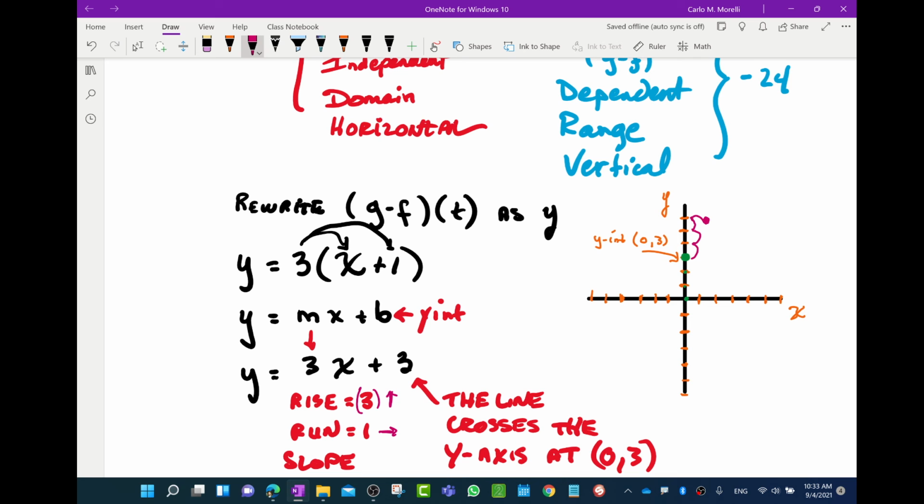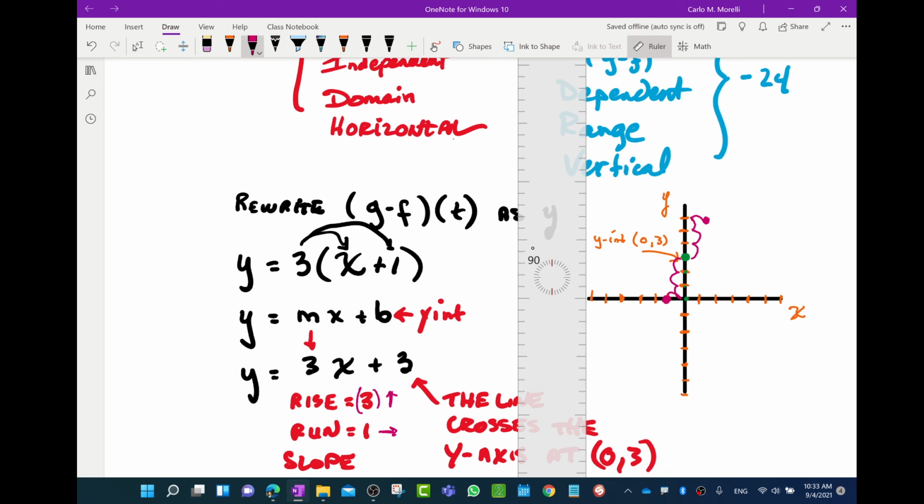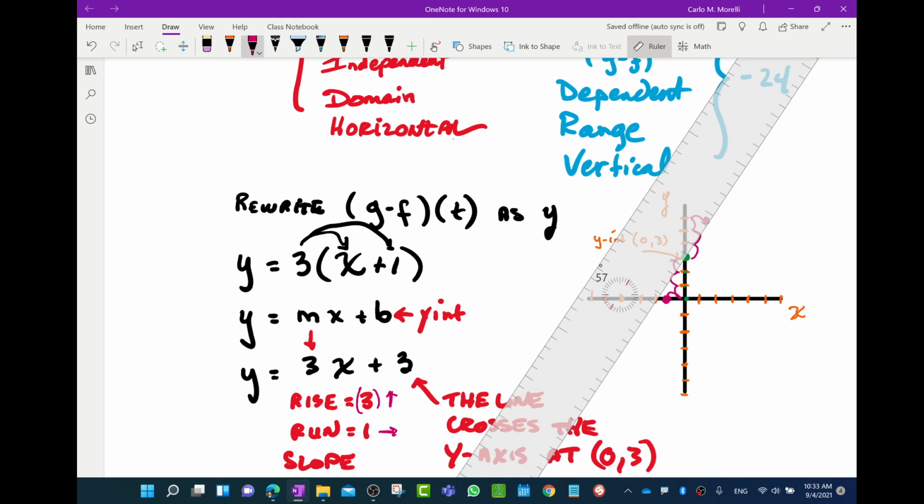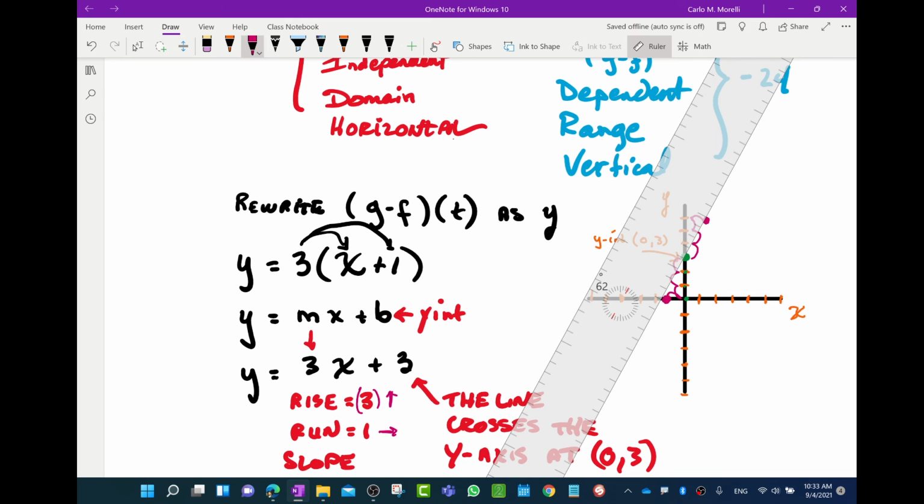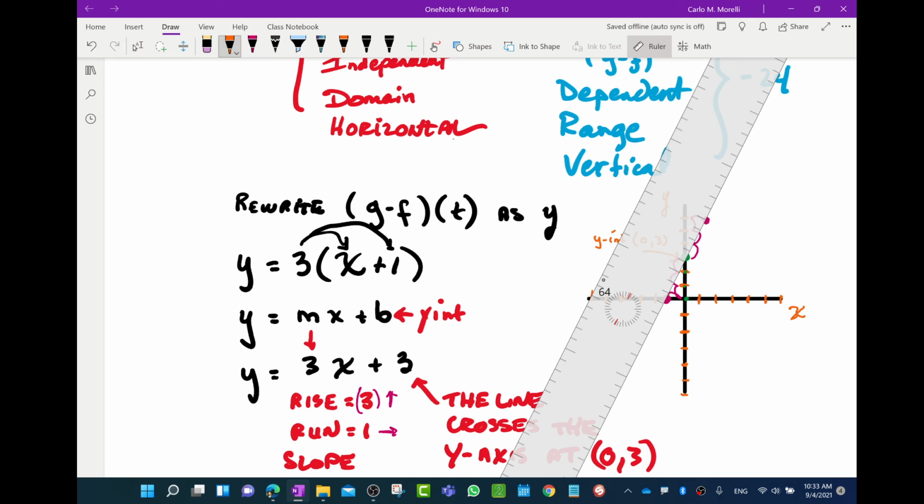So instead of doing a rise of 3 and a run to the right of 1, we could do a fall of 3 and a run to the left of 1. Okay, so now we have 3 points plotted. And if you have a straight edge, it's very easy to draw or sketch quickly the graph of the line.